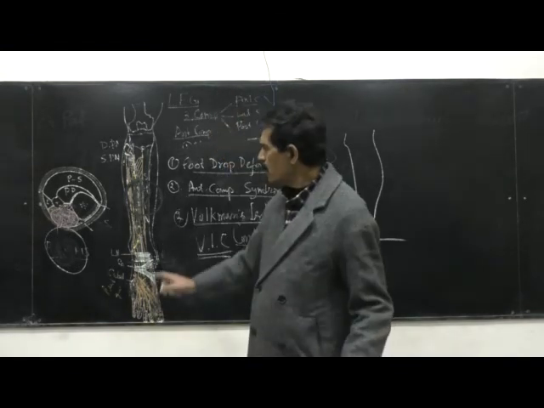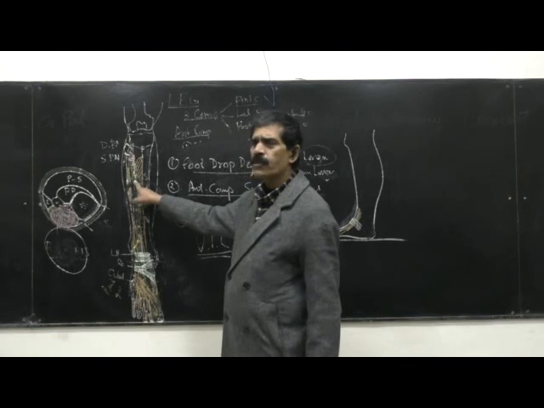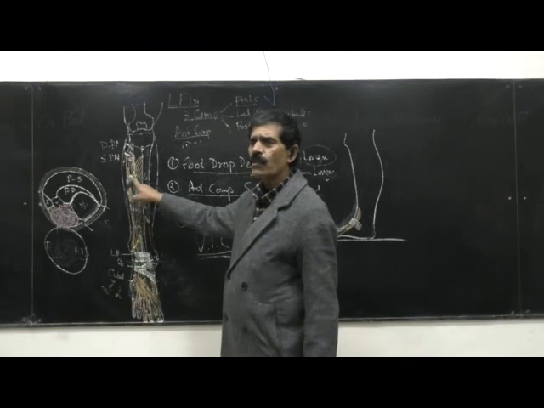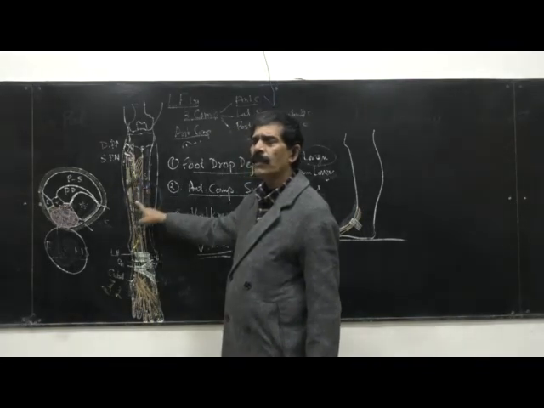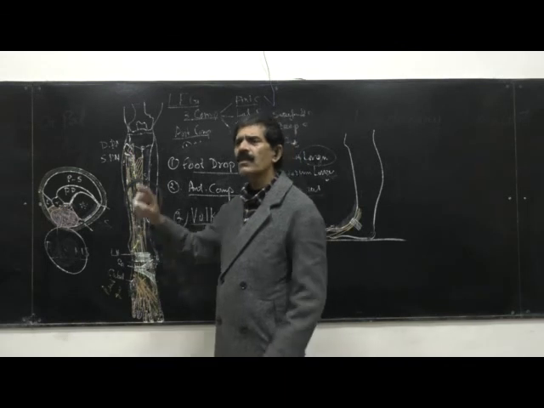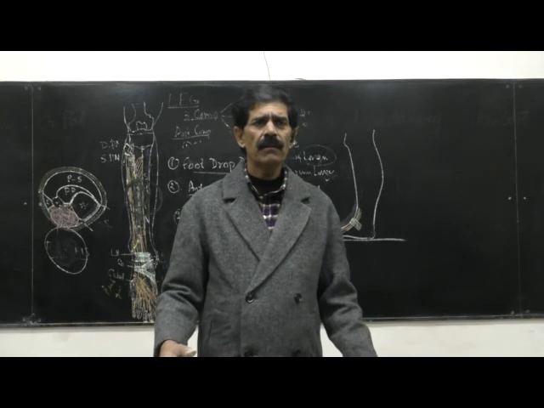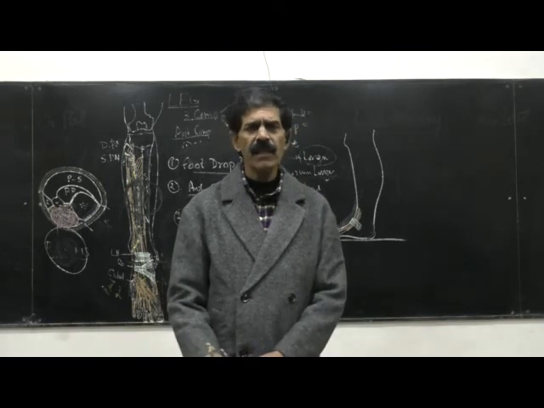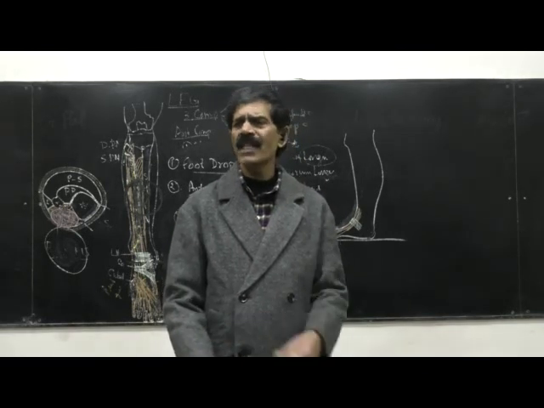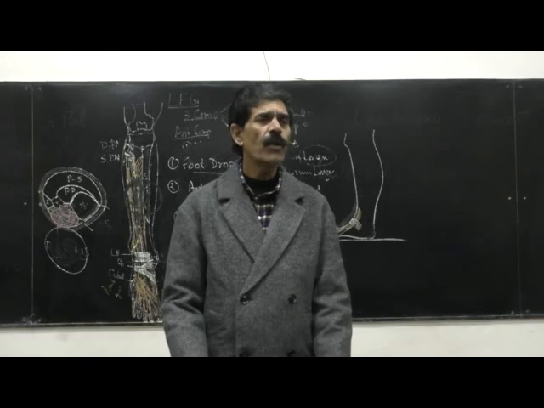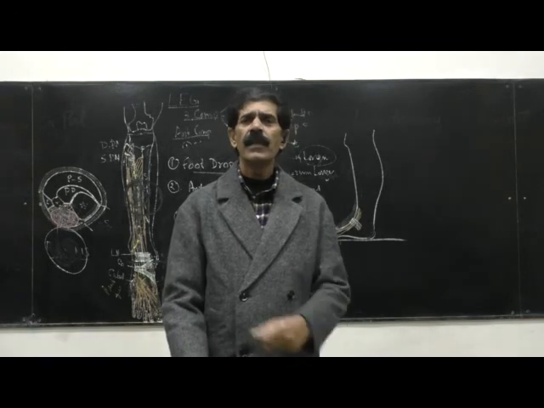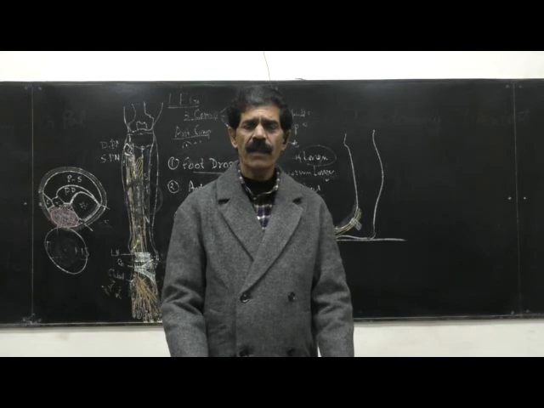On the other hand, the deep peroneal nerve will also be pressed. The pressure on this motor and sensory nerve will lead to paralysis of the muscles of the anterior compartment. The patient wants to dorsiflex, but cannot do it because the nerve is pressed. So there is a compression neuropathy of the deep peroneal nerve because of the pressure effect.